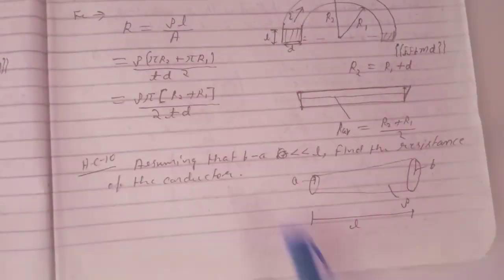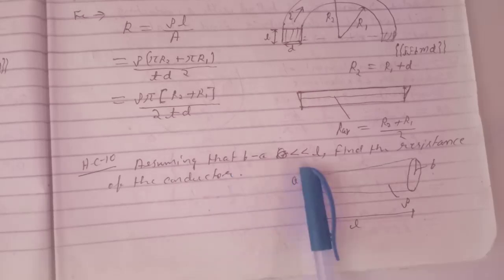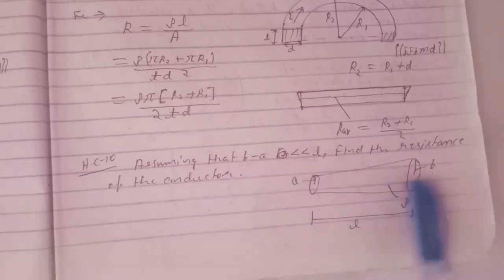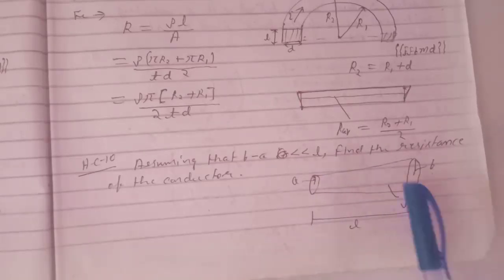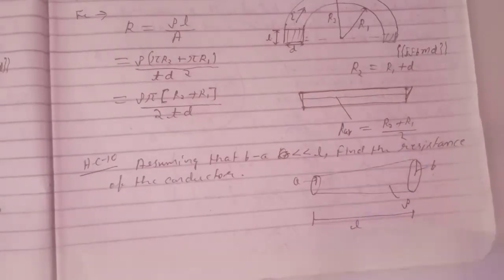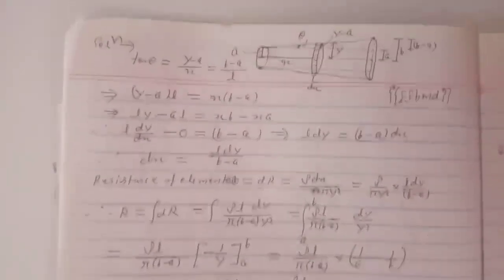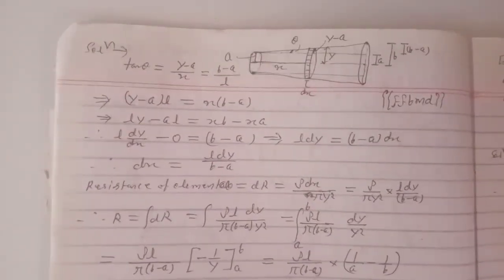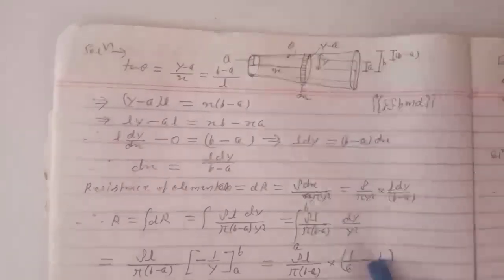Next, assume that b minus a is very small compared to L. Find the resistance of the conductor. We have to find the resistance along this direction. Resistivity is given and the length of this shape is given as L. Here the situation is shown.